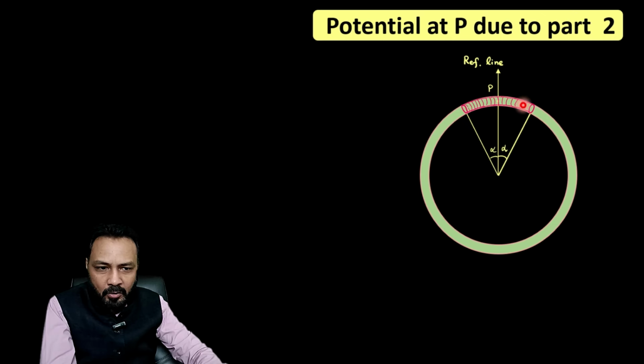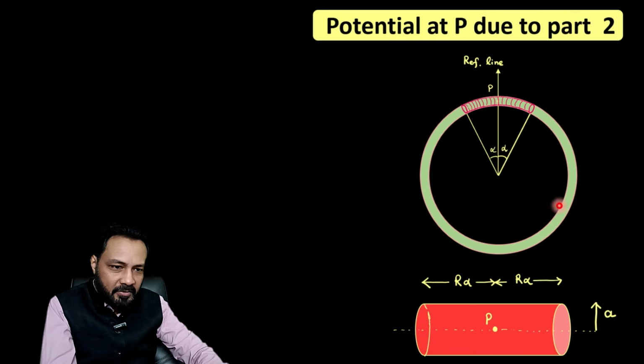So this small part can be thought of as a cylinder like this. This is a very enlarged part of this. So this radius is r, this length is r alpha, and this length is r alpha, and this is like a cylinder, and the radius of the section of this ring is small m.